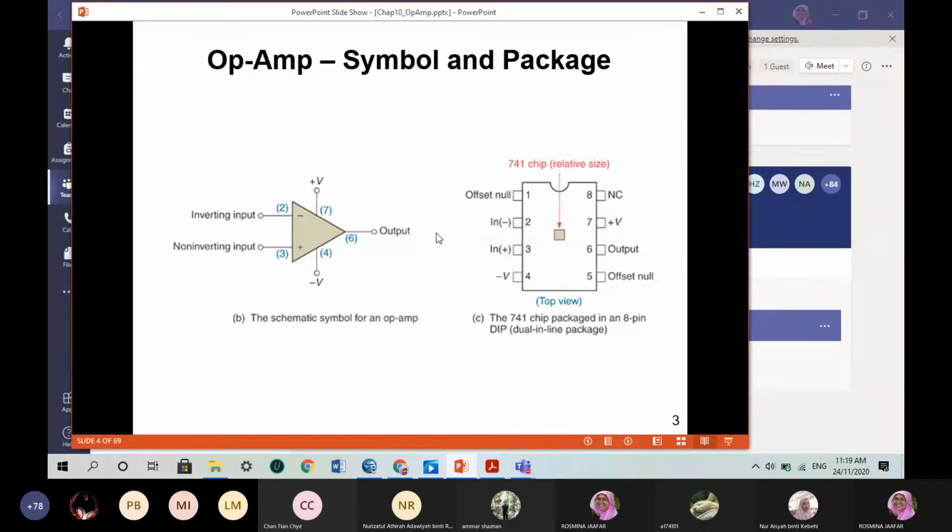And there is only one output. To make this Opamp work, we need to apply bias voltage, normally two bias voltages, negative V and positive V.